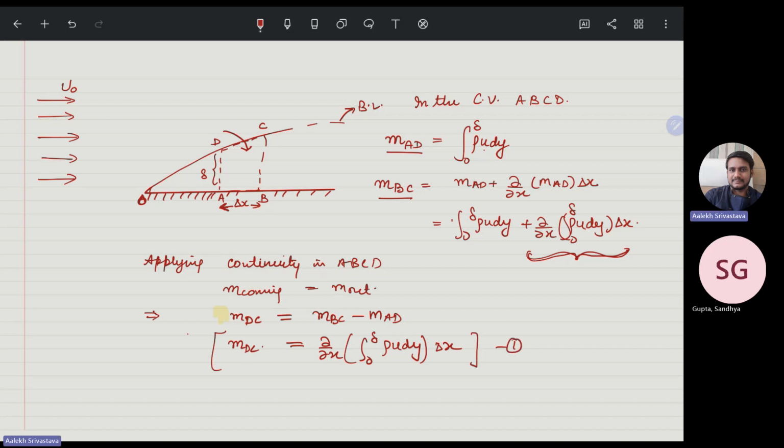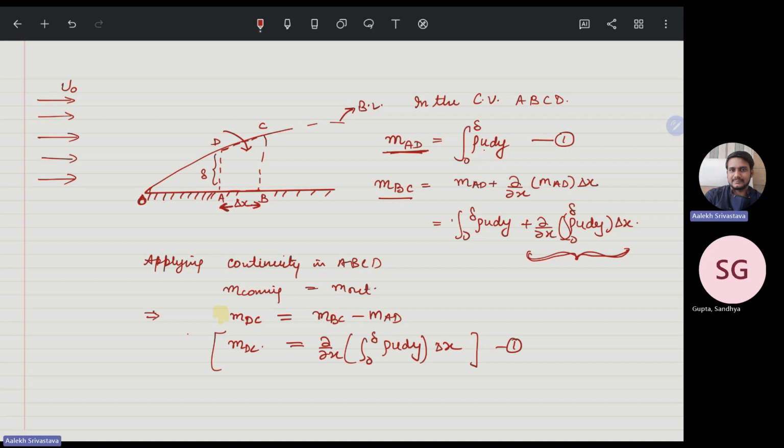If I had taken a control volume ABCD, we had just taken what is the mass that is coming from AD, and then we had taken an elemental strip of delta x distance, and then we said what is the mass at BC. That is the mass of AD plus ∂/∂x of mass of AD into Δx.